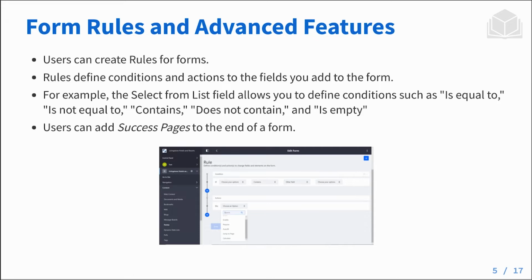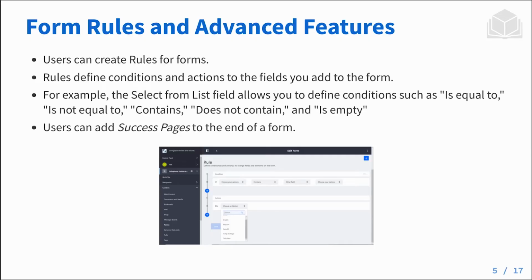Now, in addition to creating the form and doing some configuration, we have some advanced features that allow us to set up some rules and even set up some conditionals for the forms as well. So in the case where you need a form that has an answer that, let's say, changes based off of a previous answer or something along those lines, the Forms Builder framework is sophisticated enough to handle that kind of need. We have the ability to, again, set up some logic here, so we can do things like if the field is equal to X or not equal to, or if it contains a particular word or something along those lines, do this.